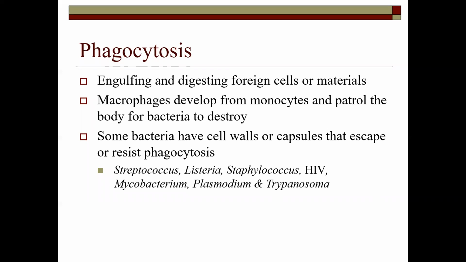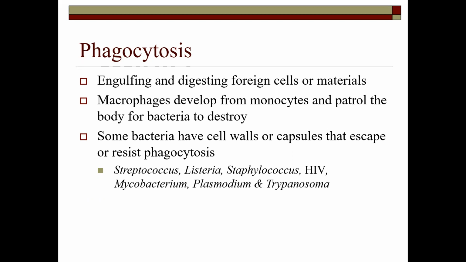So you can see here, some pretty serious diseases. We've got pneumonia, strep throat, MRSA, HIV/AIDS, tuberculosis, malaria, African sleeping sickness. These are very, very serious, very dangerous, deadly diseases. And one of the main reasons they are so deadly is because they resist phagocytosis.